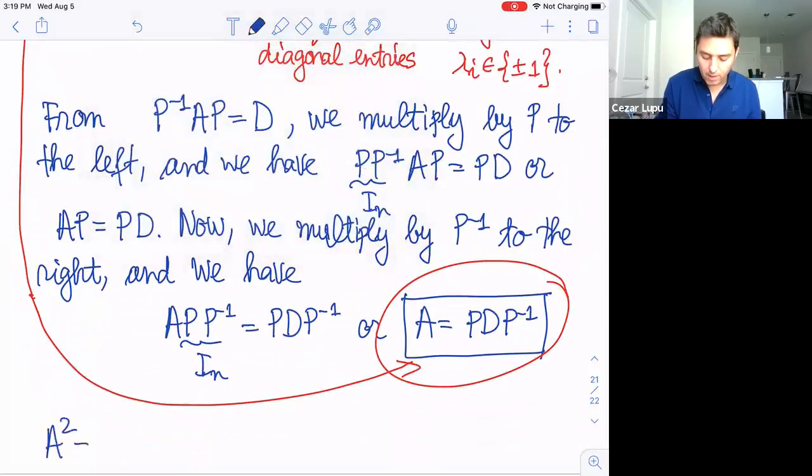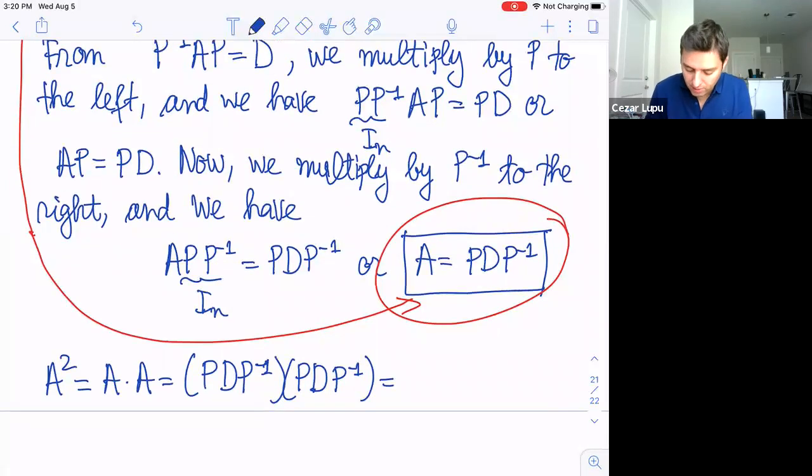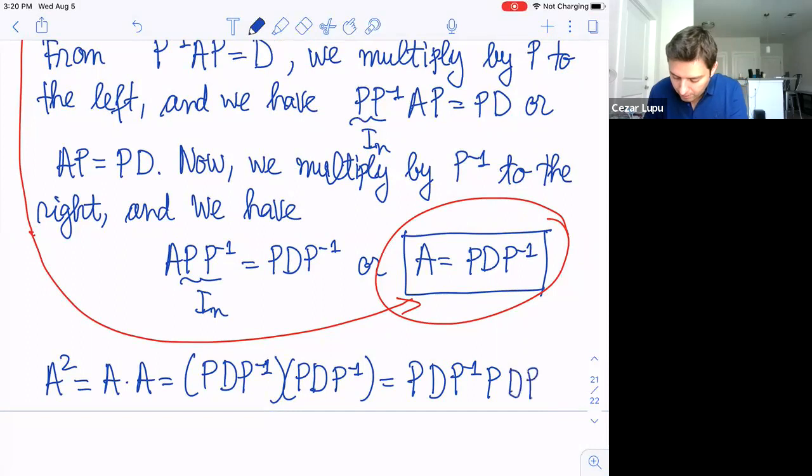A squared is nothing else than just A times A, which is PD P inverse times PD P inverse. We multiply it by itself. Well, we know that this is associative, so we can write PD P inverse P, D P inverse.